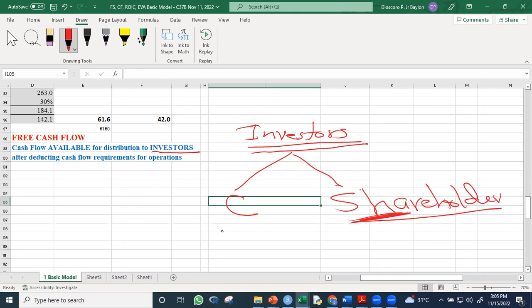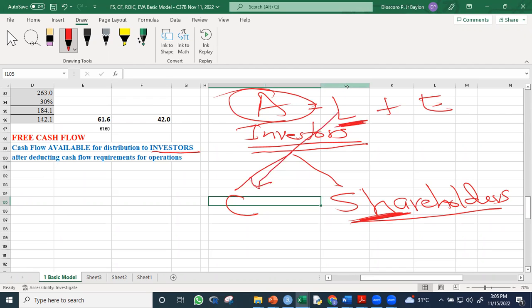Shareholders are investors because they put in money. Remember the basic accounting equation: assets equal liabilities plus equity. Any resource the firm owns is financed by either this, the shareholders, or this. So what is L? These are the company's what?